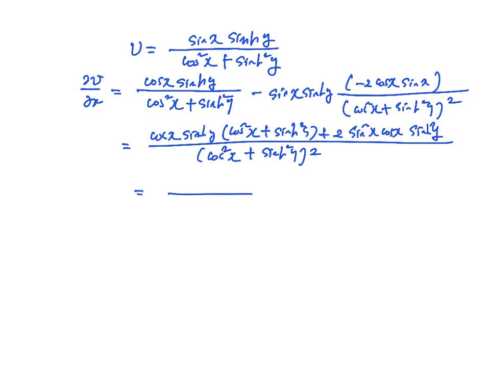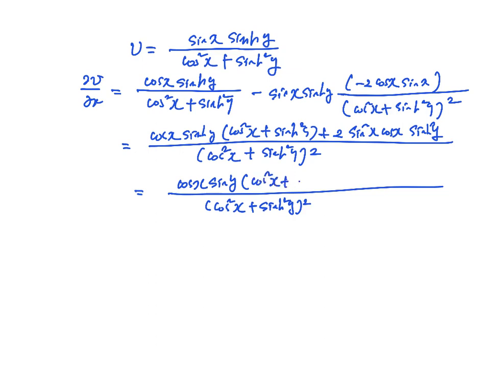So cosine square x plus sine hyperbolic square y and square, and sine x cosine x sine hyperbolic y. You have cosine square x plus sine square x, this is square, right?